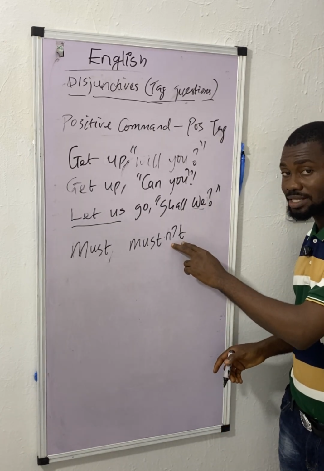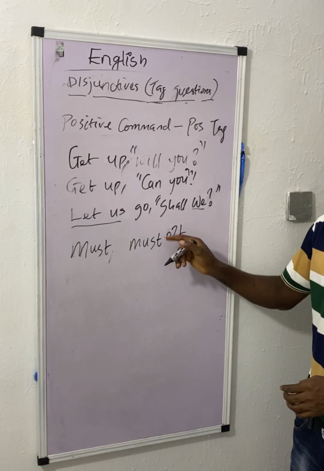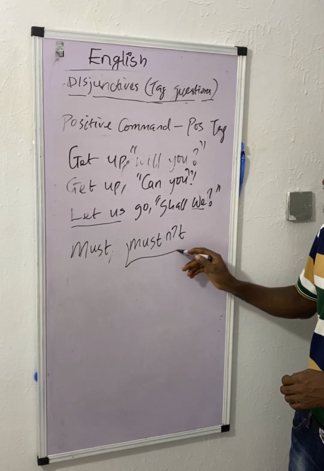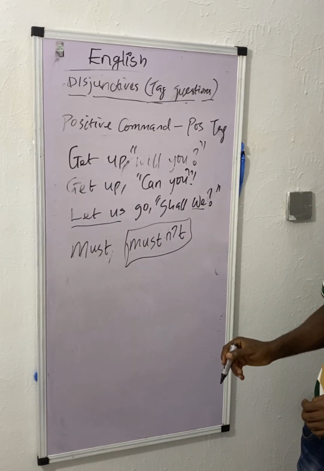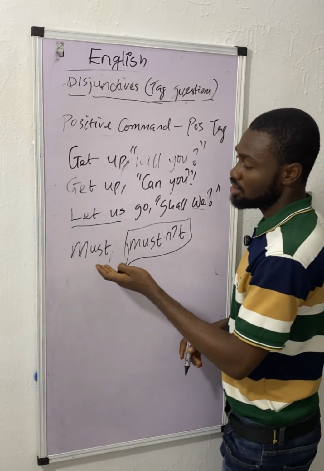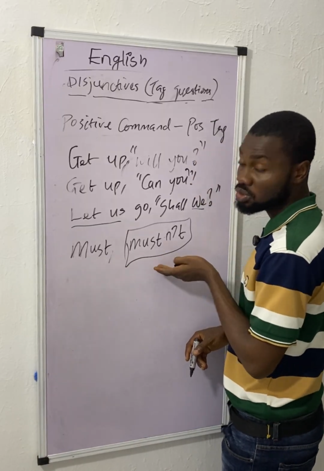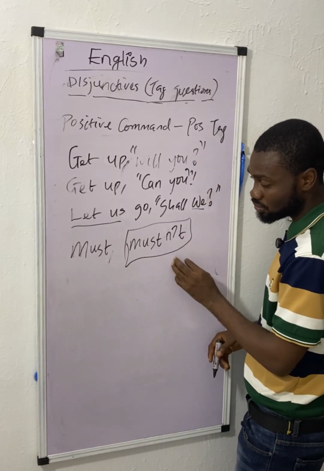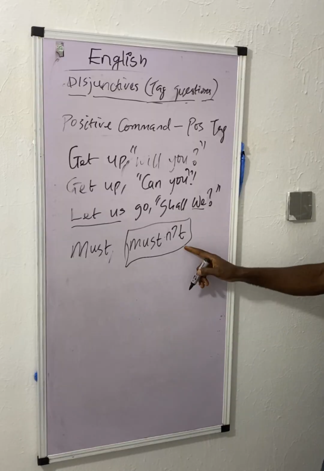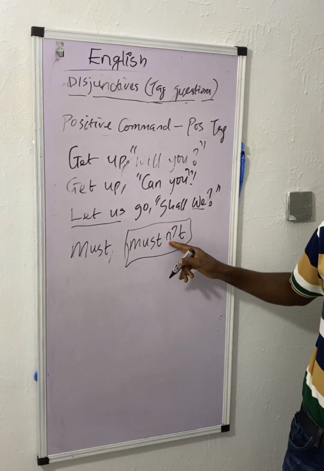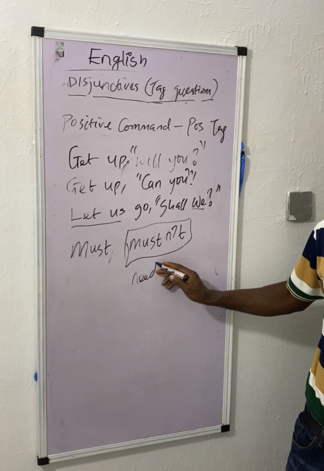Because it has not. But it is not negative in meaning. There's nothing like mustn't as a negative tag for must. This one is supposed to be negative, but it is an exception. Mustn't is not negative in meaning. So the negative form of this is needn't.